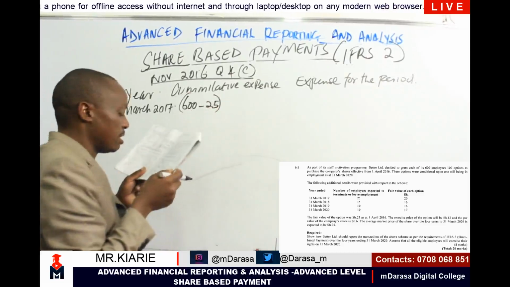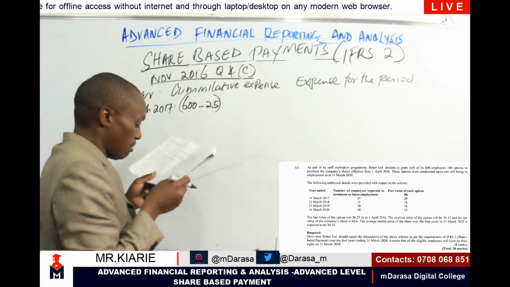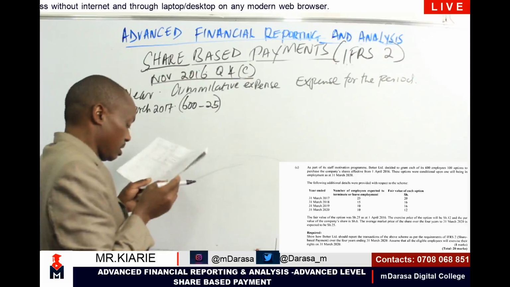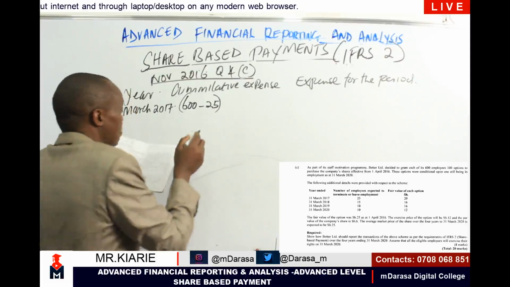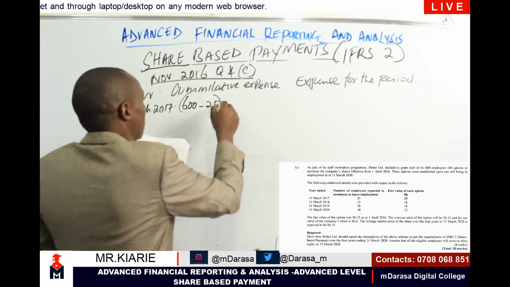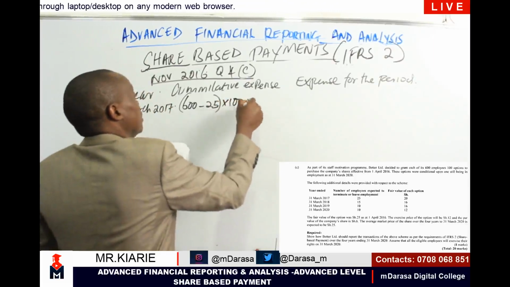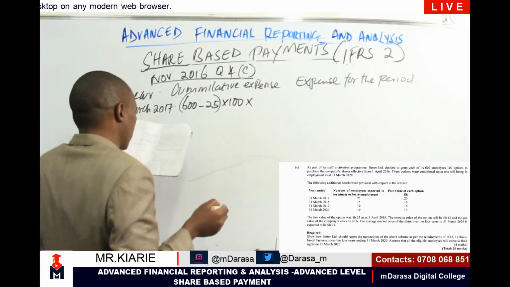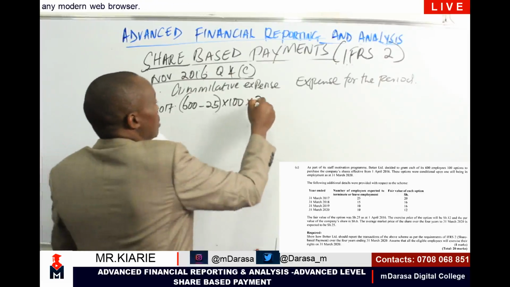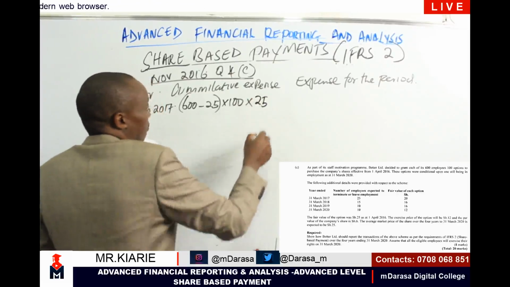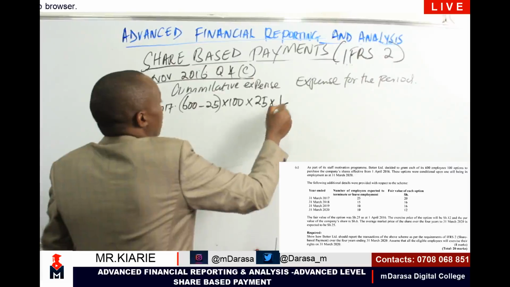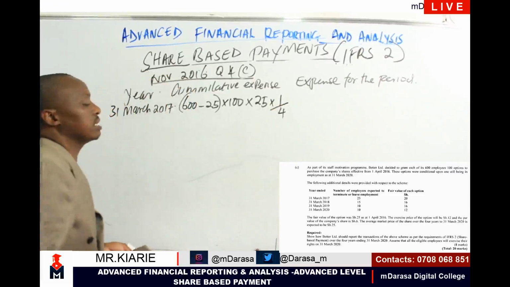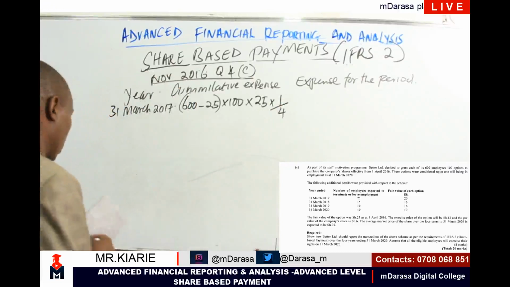So 600 minus 25, times the number of options being granted, which is 100, times the fair value at the grant date, which was 25, times the weighting factor of 1/4, 4 years representing the total vesting period.